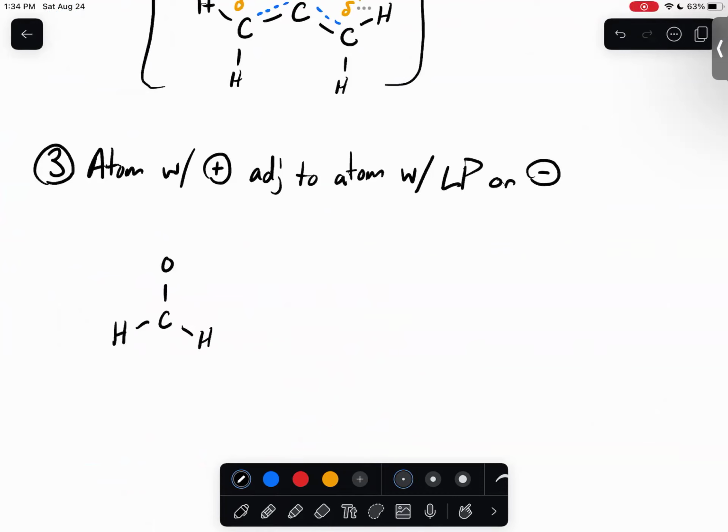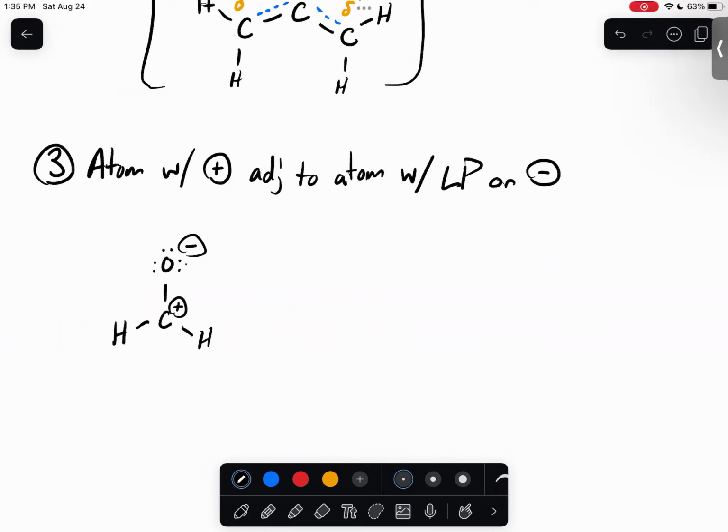So for this one, what we're going to say is, all right, this oxygen here is going to have its octet. It'll have a negative charge. This carbon will not. You can imagine here, this one's pretty simple, right? The carbon wants another bond so that it has four. The oxygen has too many electrons. You can balance out the charges.